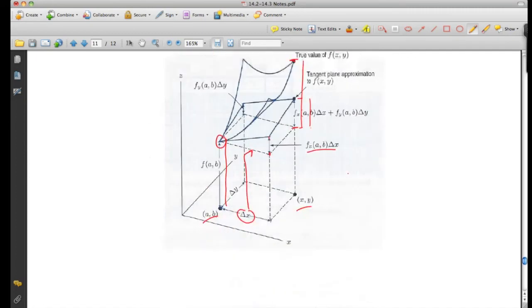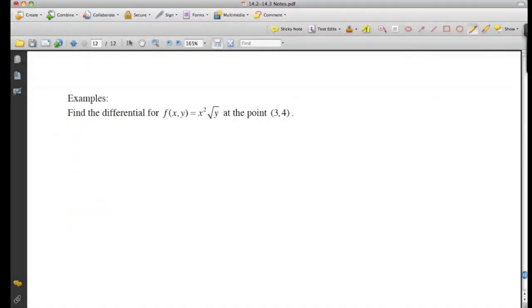All right, this is the differential. Okay, so find the differential down here. To find df, that was find the partial with respect to x and multiply it by dx, and then find the partial with respect to y and multiply by dy. Okay, so find the partial derivative of this function with respect to x. Treat y as a constant.